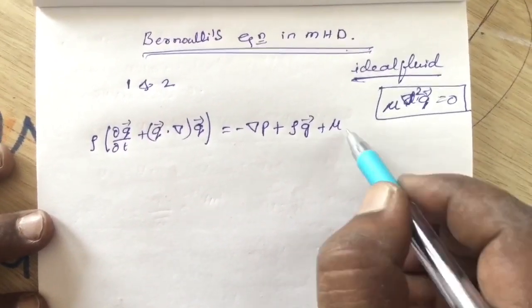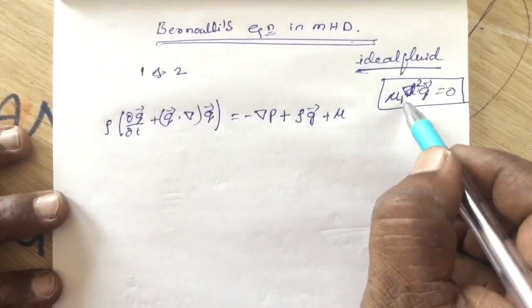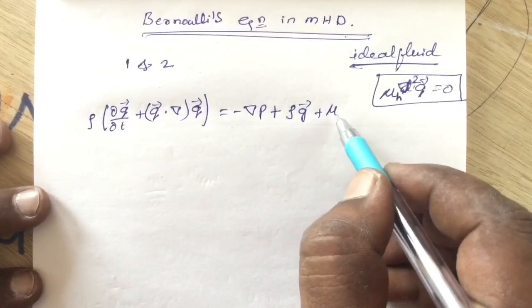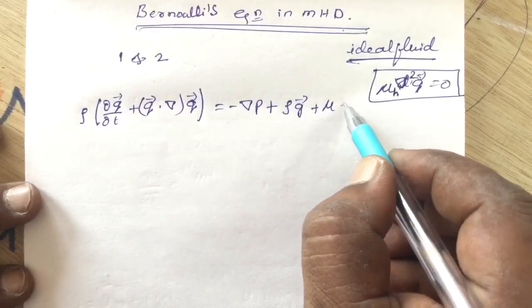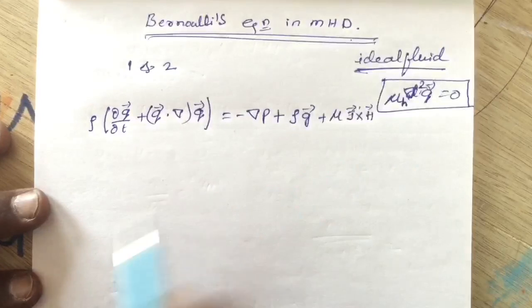For viscosity you would take a different symbol, but now you have only the magnetic term.